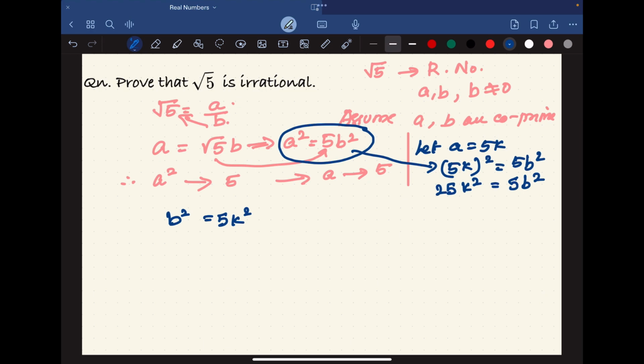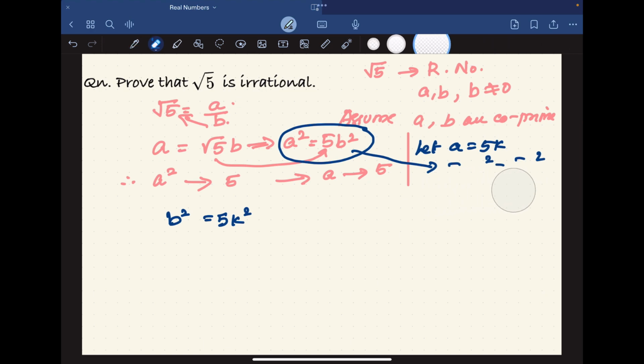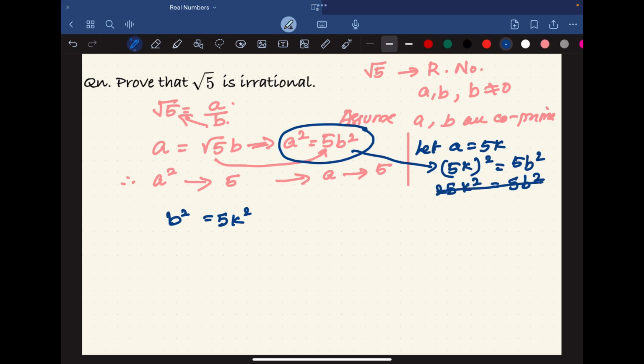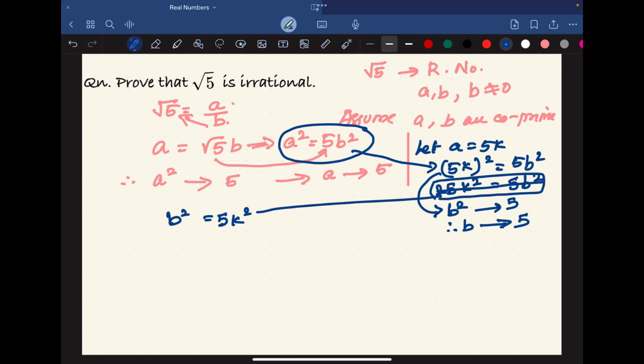Here you can see that 5k square is equal to 5b square. This means that b square is divisible by 5. Therefore, can we say that b is also divisible by 5? Yes. And when you have done this expansion and cancellation, you got b square is equal to 5k square.